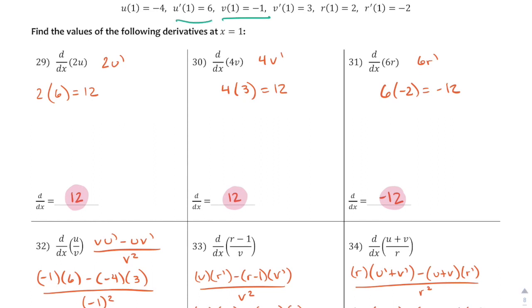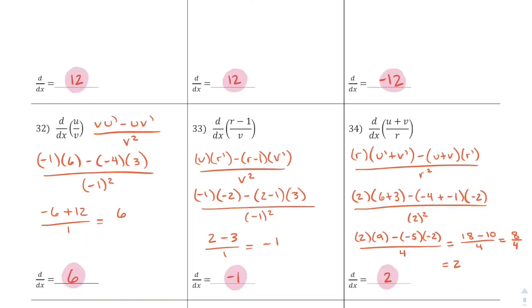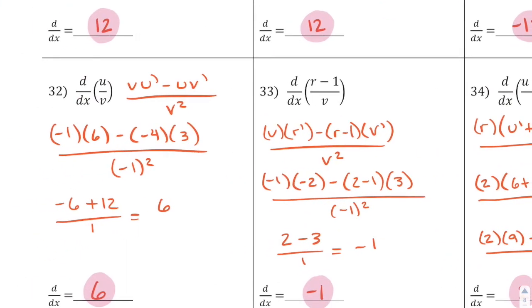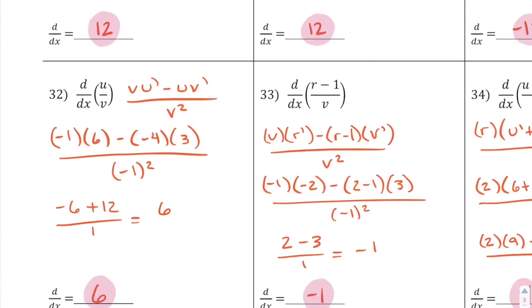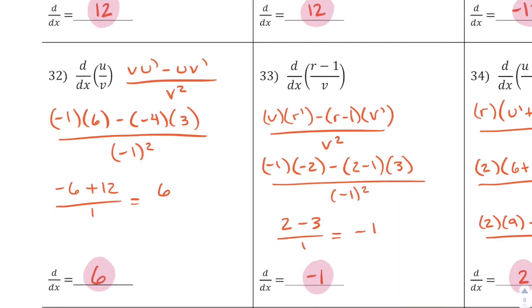Take away u is negative 4, and v prime is 3. Doing out that algebra gives me a result of, v squared. V squared is going to be negative 1 squared. So as a result, I get 1 as a denominator, so negative 6 plus 12 is 6.